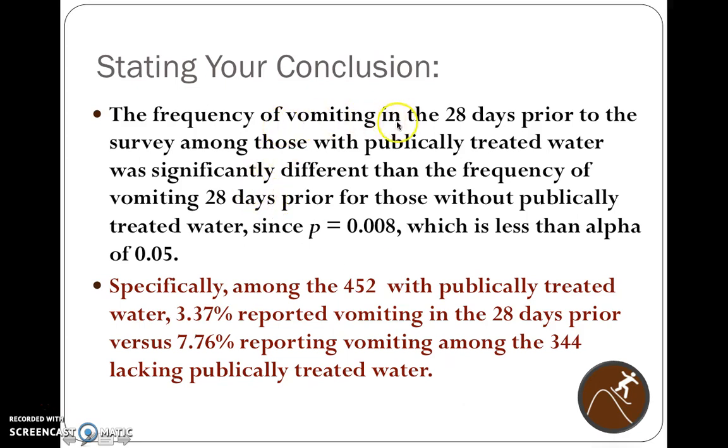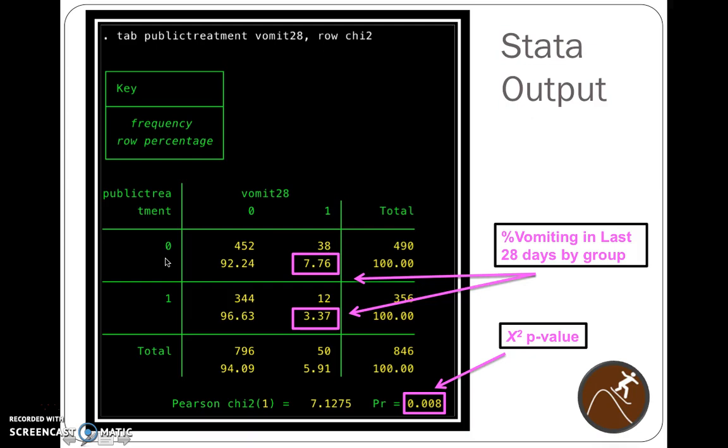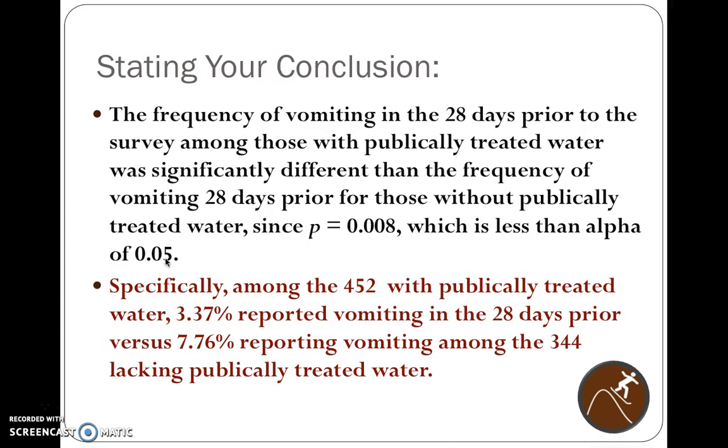You could say the frequency of vomiting in the 28 days prior to the survey among those with publicly treated water was significantly different than the frequency of vomiting 28 days prior for those without publicly treated water, since p of 0.008 is less than the alpha value of 0.05. So since 0.008 is less than 0.05, we know there's a significant difference between these two groups.